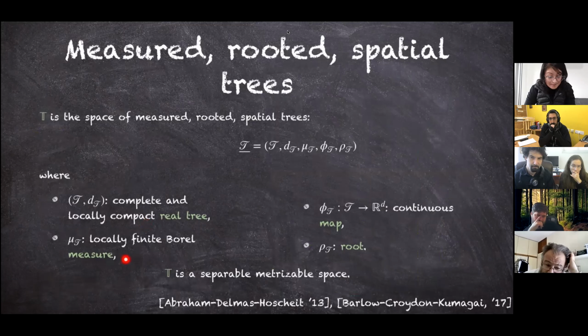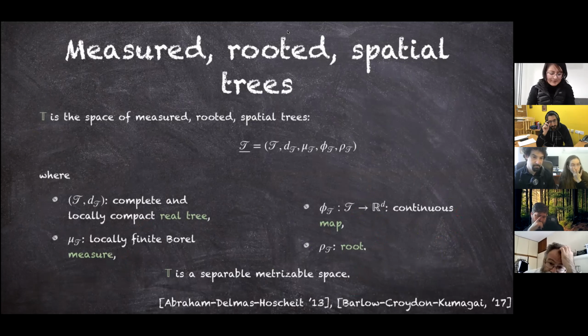It has a locally finite measure, a continuous map that embeds that tree into R^d, and a root. So the set of all these measured rooted spatial trees is a separable, metrizable space.